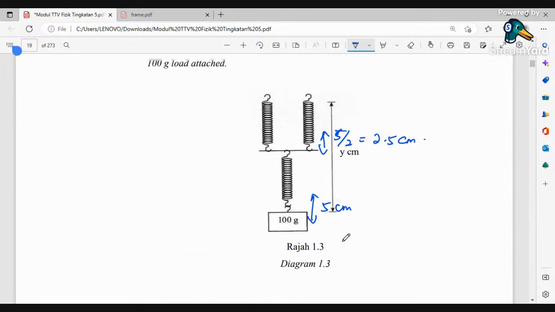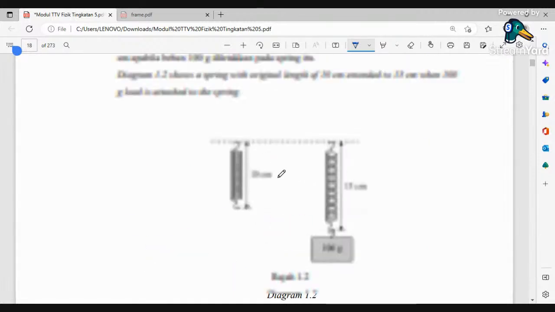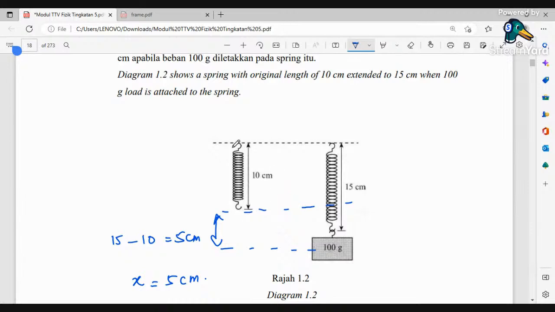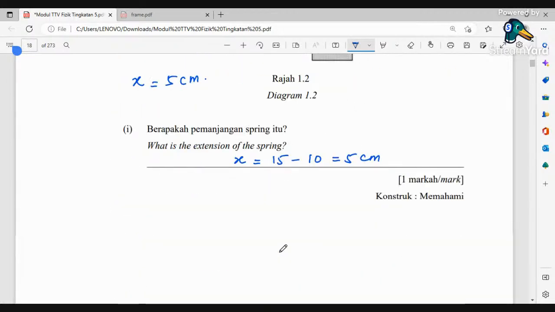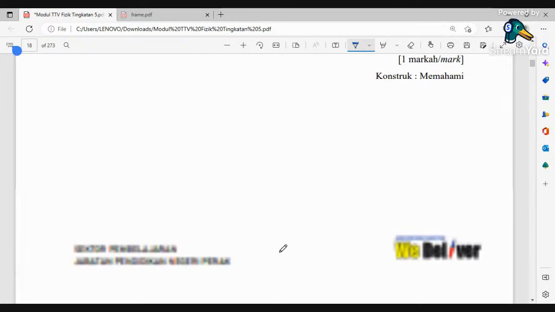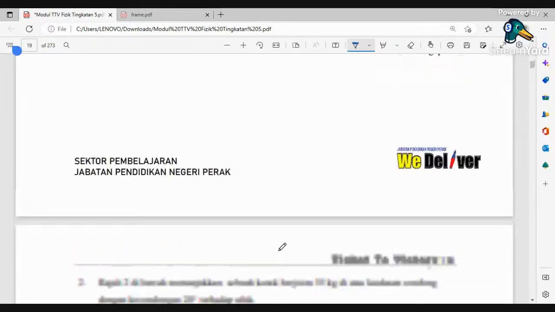Okay, the original length of the spring given here is 10 centimeter. This is the original length without load. So, what is the value of Y?